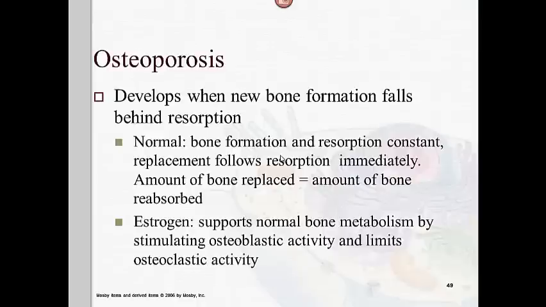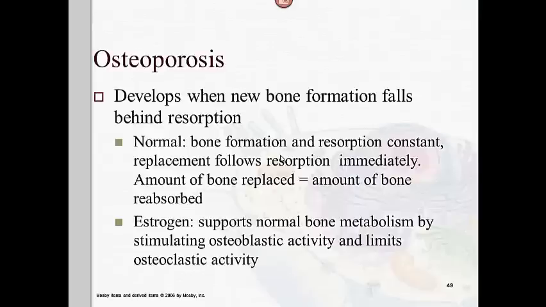The pathophysiology of osteoporosis: bone is continually being formed and reabsorbed, as previously explained, by the balance of osteoblast and osteoclast. Normally, bone formation and resorption are closely balanced. Osteoblasts are the cells that make the organic matrix of bone and then mineralize bone, and osteoclasts are the cells that reabsorb the bone.